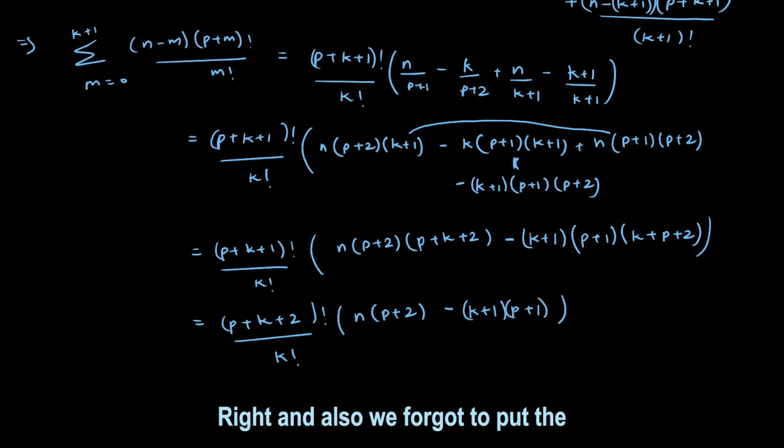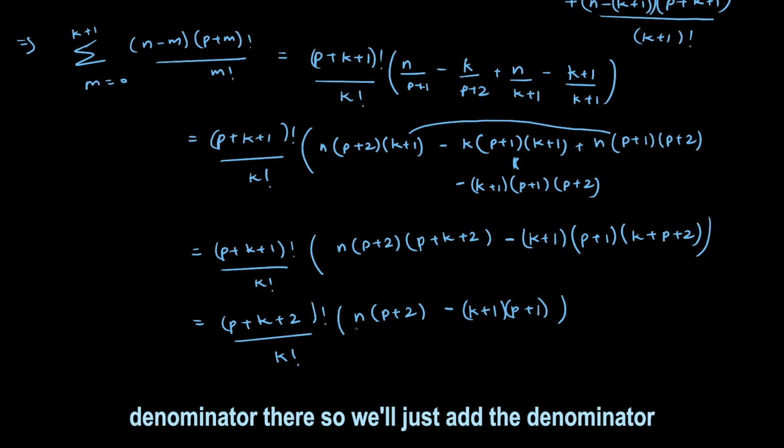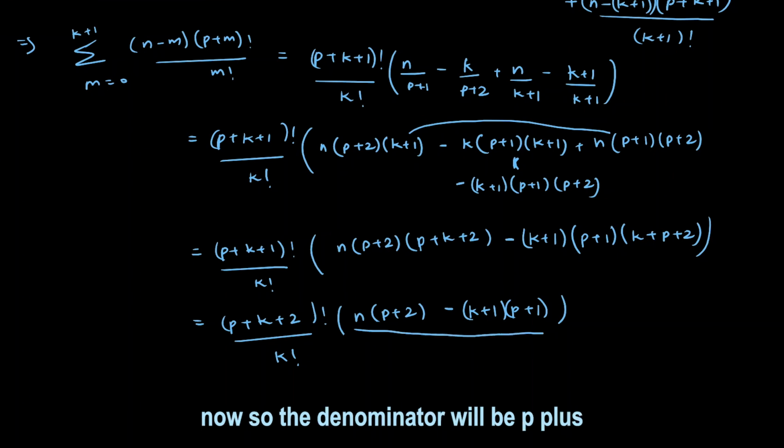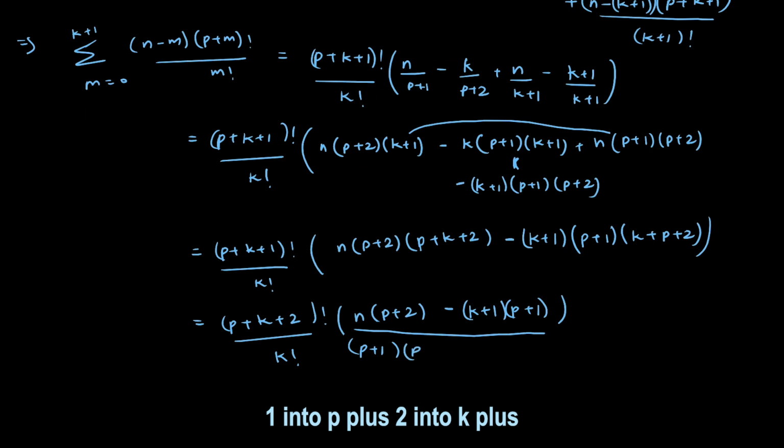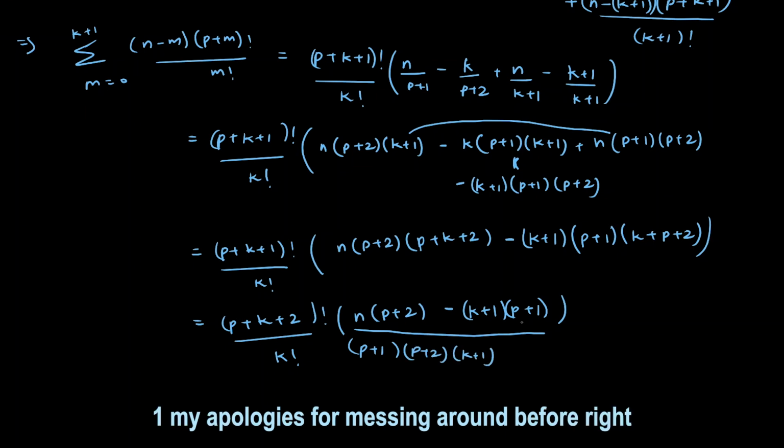And also we forgot to put the denominator there, so we'll just add the denominator now. The denominator will be (p plus 1) into (p plus 2) into (k plus 1). Apologies for messing that up before, right?